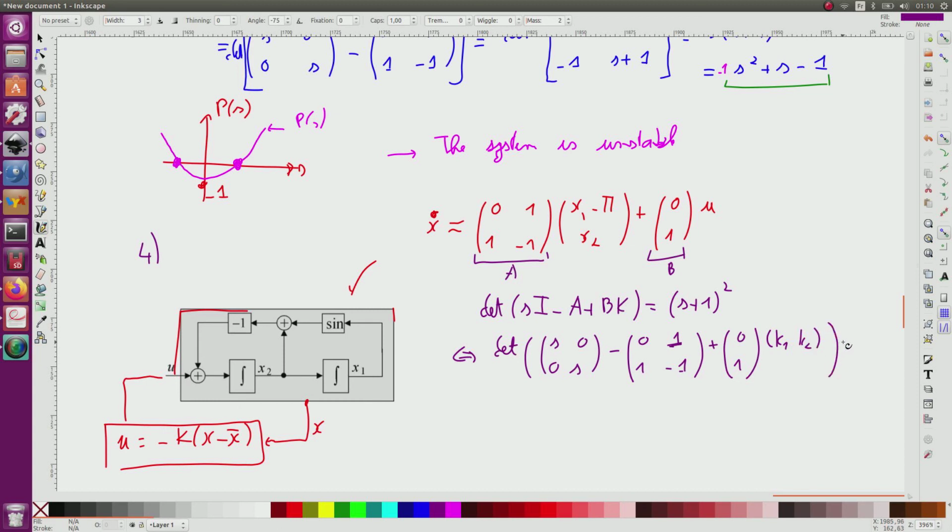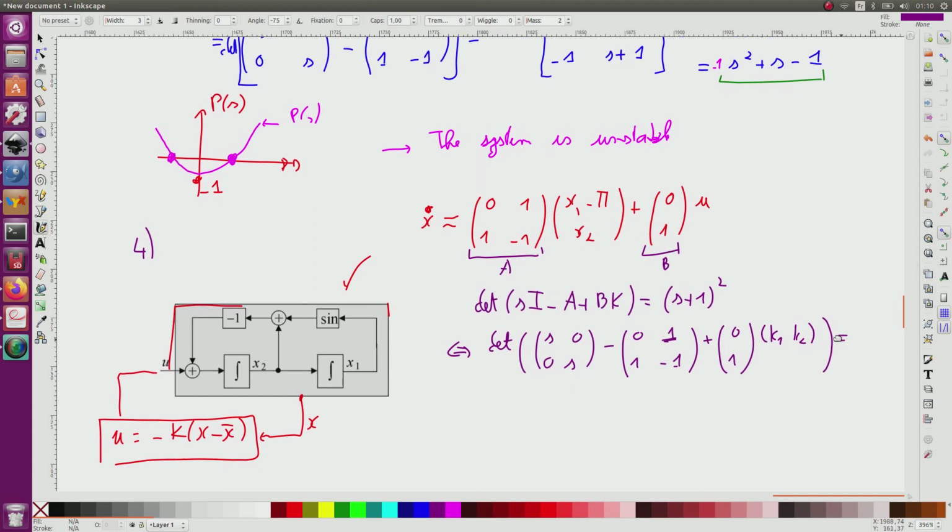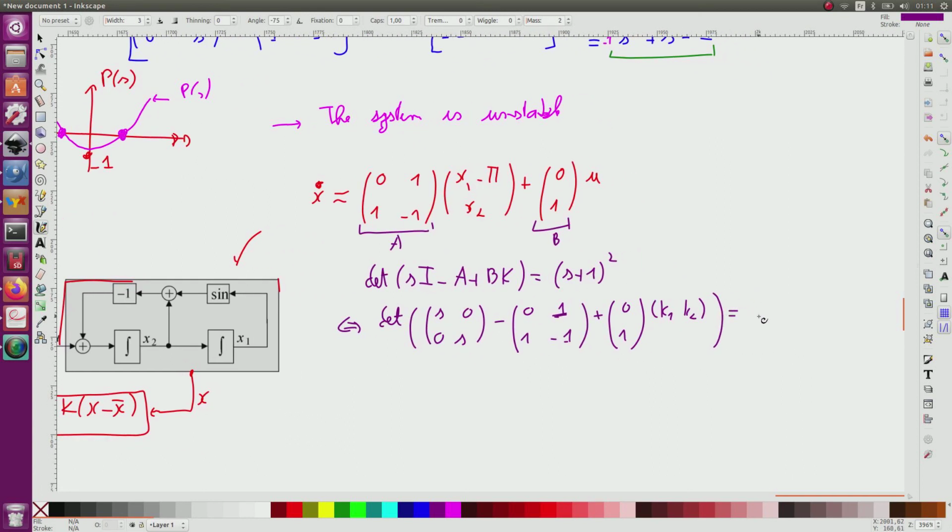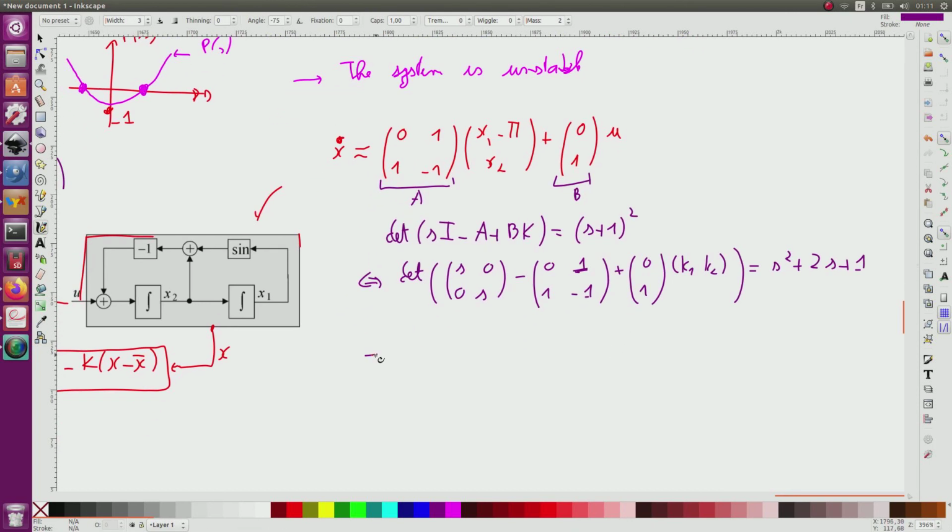And this should be equal to s plus 1 squared, so it corresponds to s squared plus 2s plus 1. And if I solve this, I will get k1 and k2. So let me do this. This is equivalent to the determinant of s, minus 1, k1 minus 1, s plus k2 plus 1, and this should be equal to s squared plus 2s plus 1.